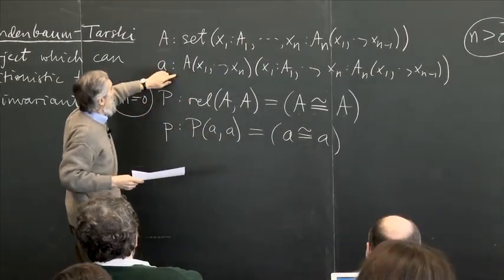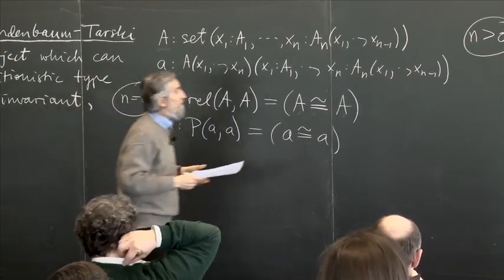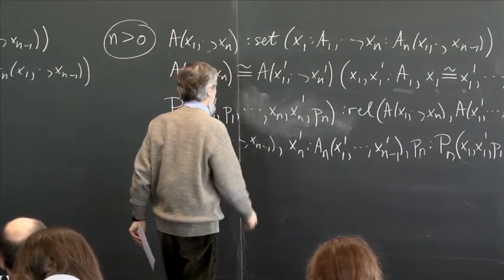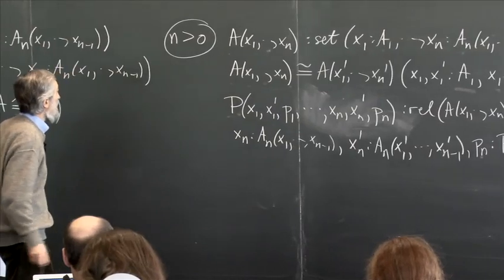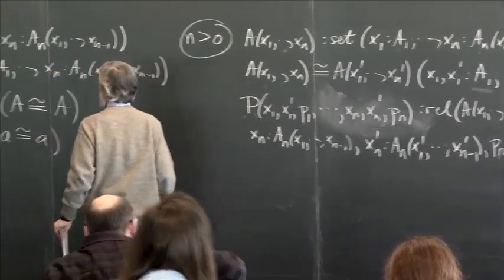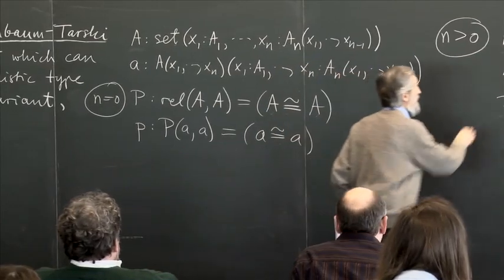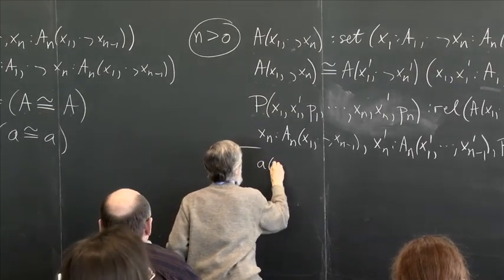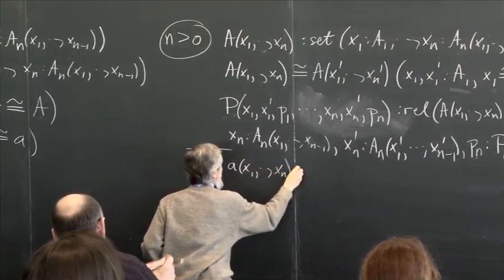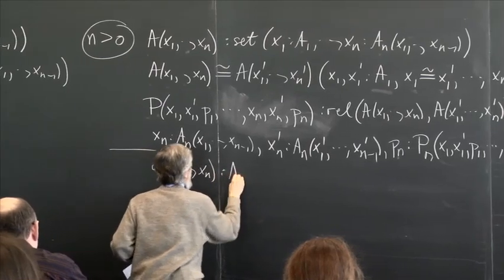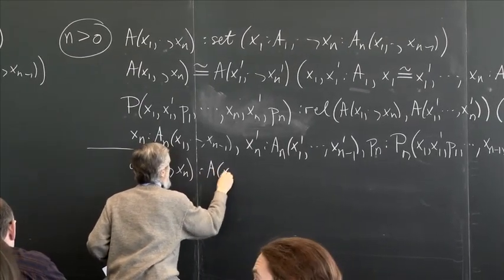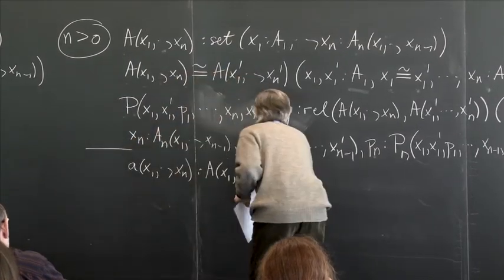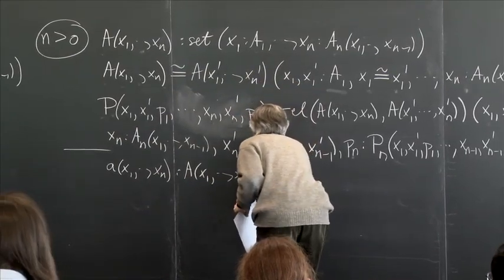And then we have to do the same here for this case. I hope to be able to do that downstairs here, I think. So now we will have a little a there depending on x1 up to xn, which is an element of a of x1 up to xn in the same context as before.